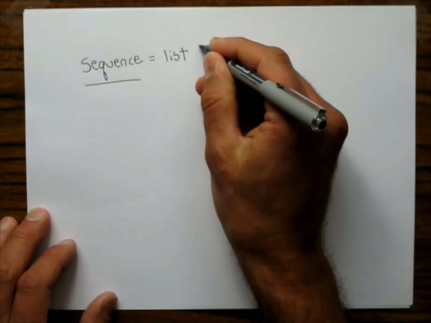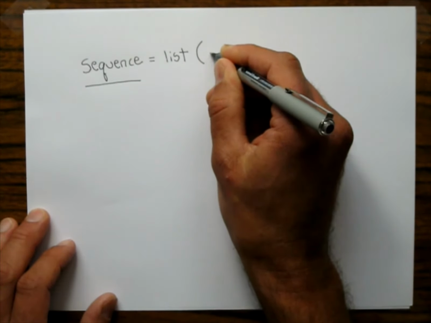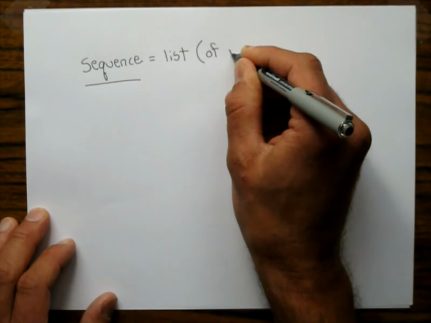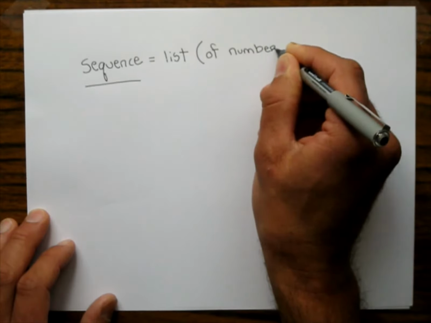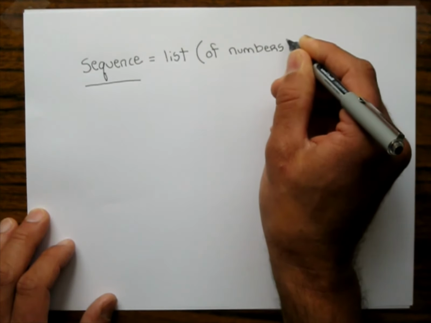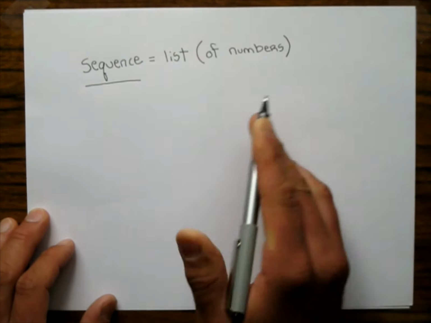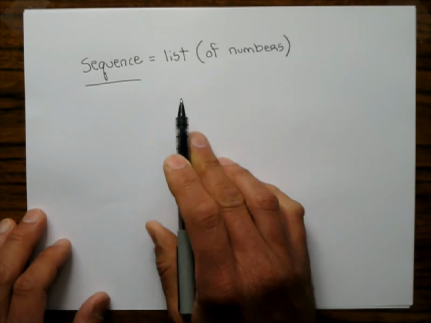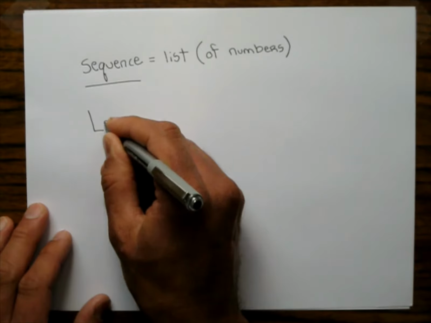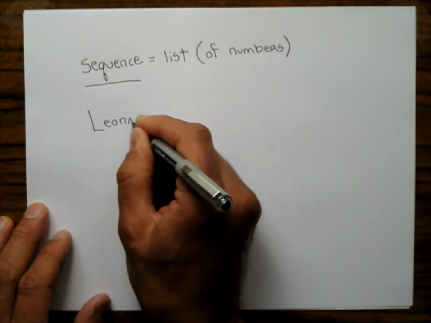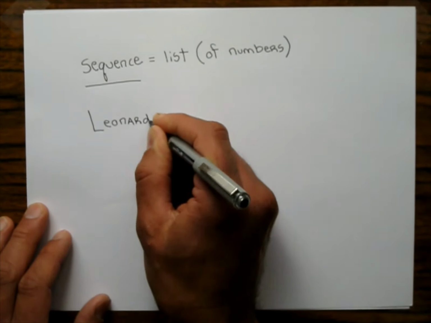Now in the math world, we like to say that's a list of numbers. But it really doesn't have to be numbers. A sequence of colors, a sequence of letters, etc. So what we're going to look at is this one guy from history. His name was Leonardo.